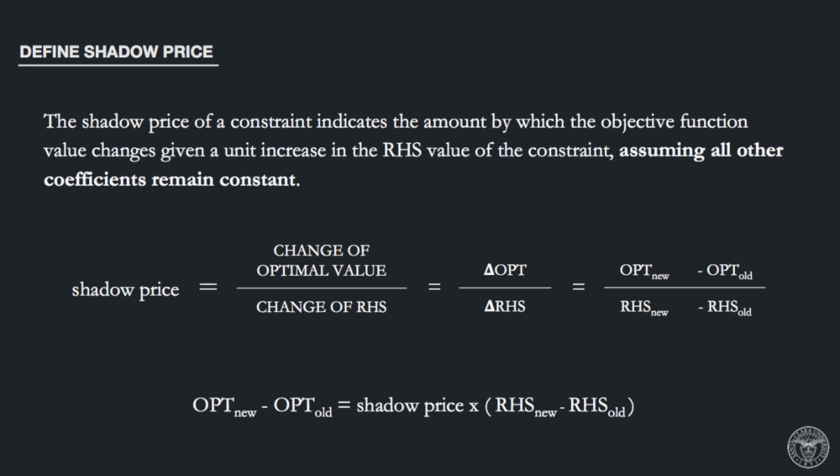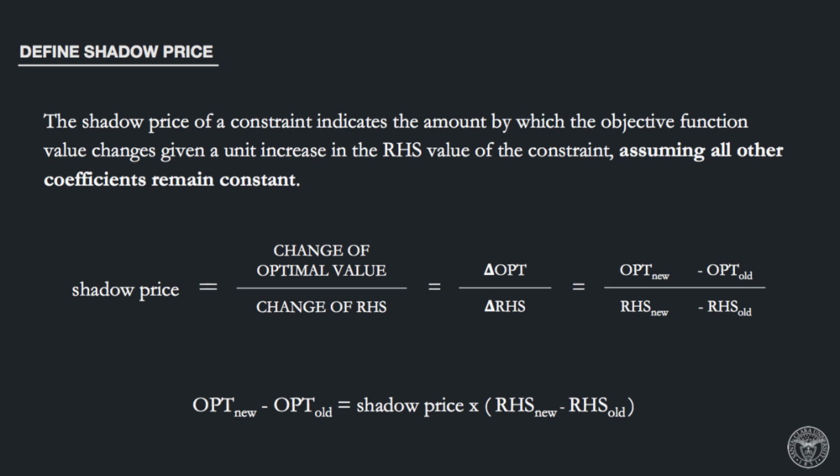Mathematically, we have shadow price equal to the change of the optimal value over the change of the right-hand side value. For example, we can increase the right-hand side value by 1, and we see how much the optimal value will change. In equation, we have shadow price equal to new optimal value minus old optimal value over the new right-hand side value minus the old right-hand side value.